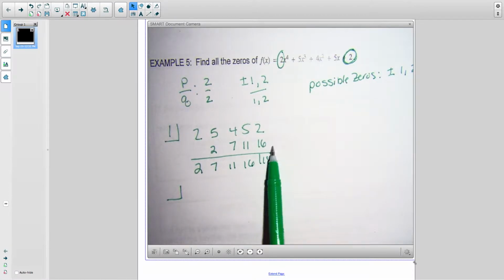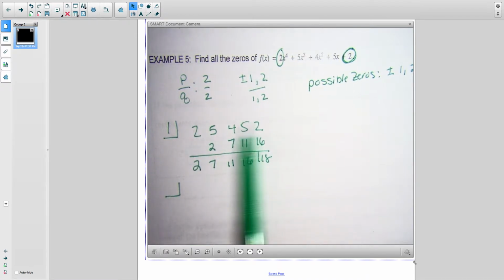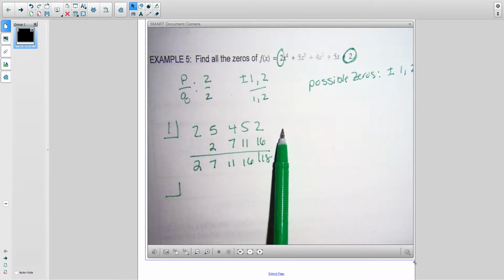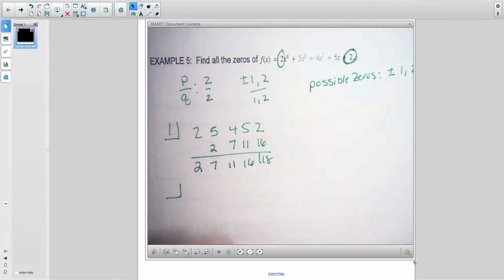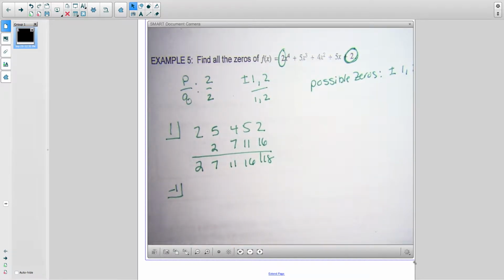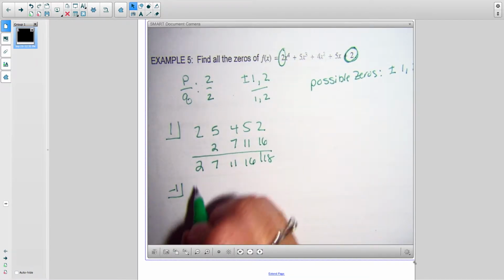So I'm not even going to bother trying with the positive 2. 1/2 is still, these numbers are still going to get bigger because all of this is positive up here, so all these are going to be positive and just keep getting bigger. So this is never going to go to 0. So let's forget all the positives. Now let's go to the negatives.